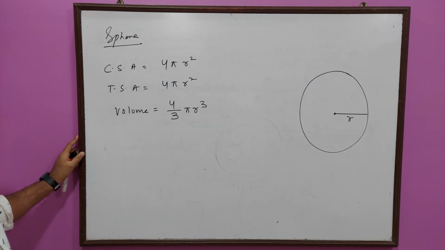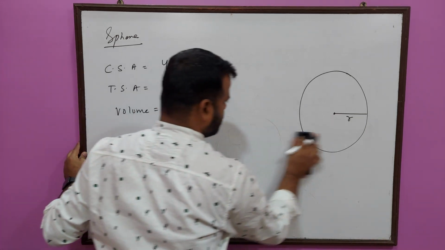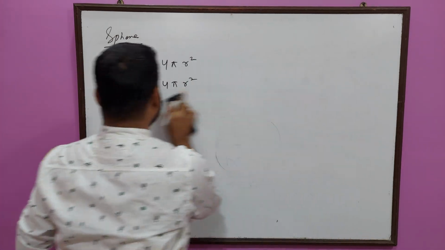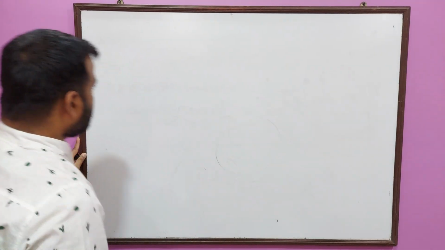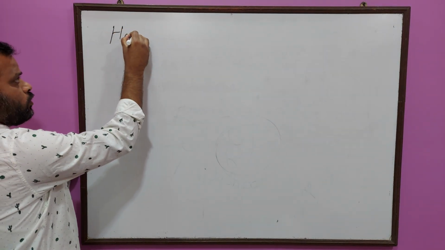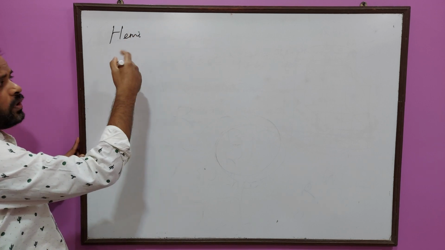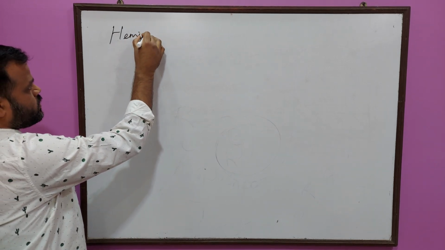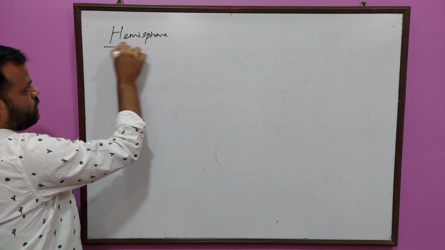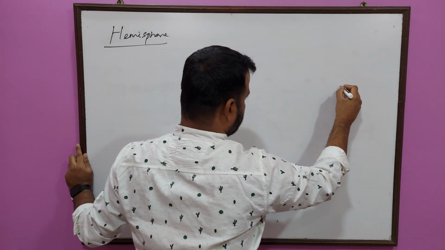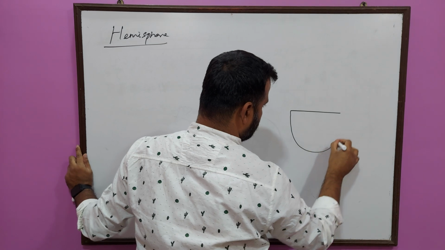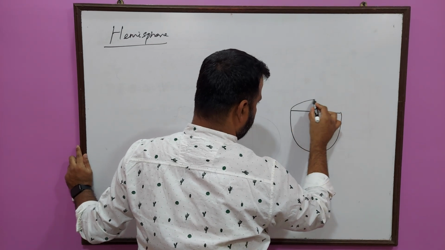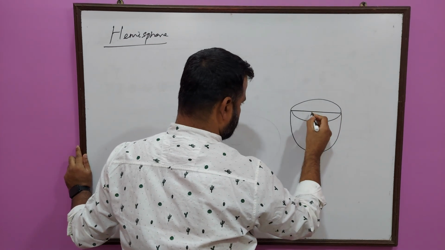Then we will go through the hemisphere. In a hemisphere, we have one curved surface and one flat surface.